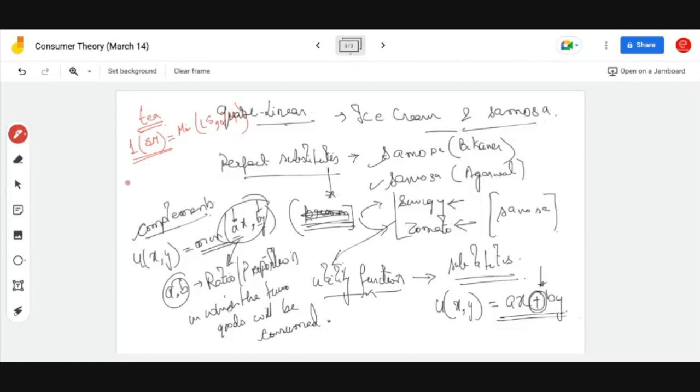So our utility function of S comma M will be the minimum of 1S comma 2M. So 1:2 is the ratio, 1 spoon of sugar and 2 cups of milk. This is how the utility function is written for complements.